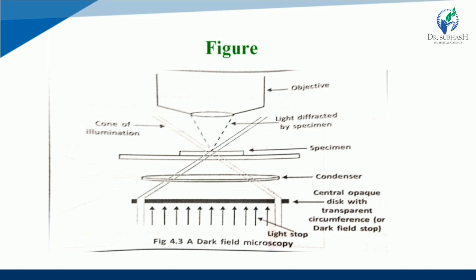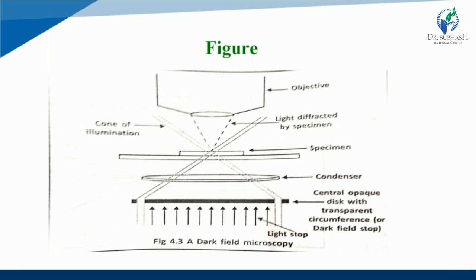First one is the objective. Below the objective, the specimen is present. So light is diffracted by the specimen, and the cone of lighting is present.